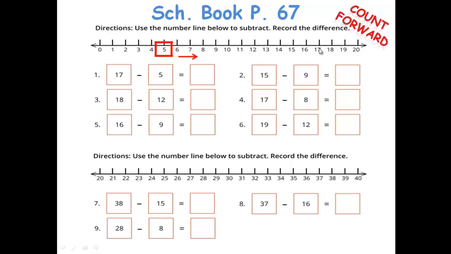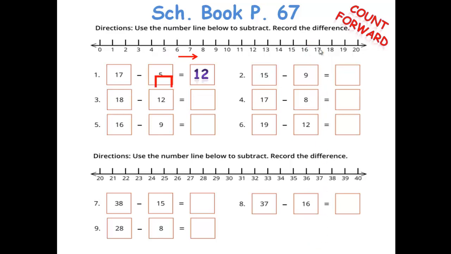I reached 17. So stop here. How many counts did I do? Very good. It's 12. So the answer is 12. Walk with me with your finger in your book.